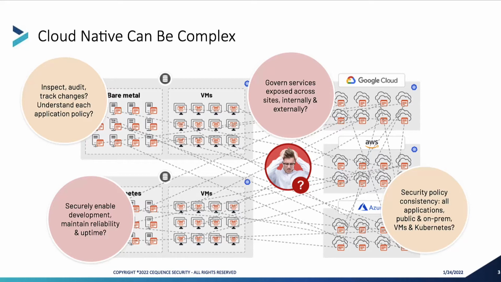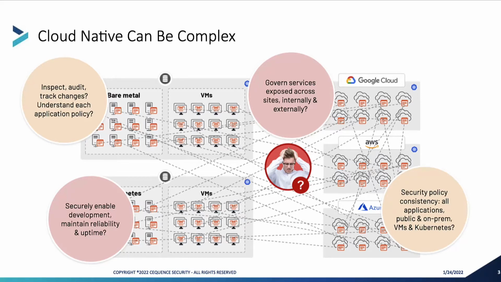And then the final element that adds complexity to what is already a complex environment is security policy consistency. Again, if you're like many organizations, you're moving towards a multi-cloud environment. If you're an older organization that may have legacy applications still in a data center, you might have virtual machines connecting back to the cloud.